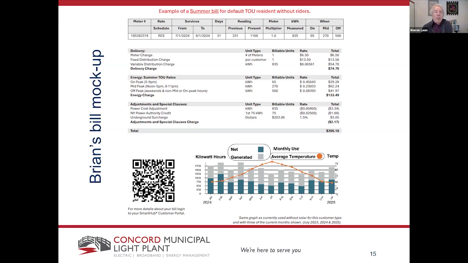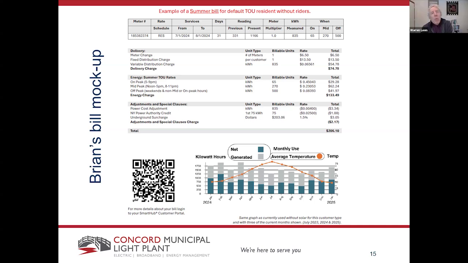You want to make sure that people are credited for their solar output based on the time of day they're producing, so they're getting greater credit when they're producing at on-peak times. Is that your big concern? Yes.